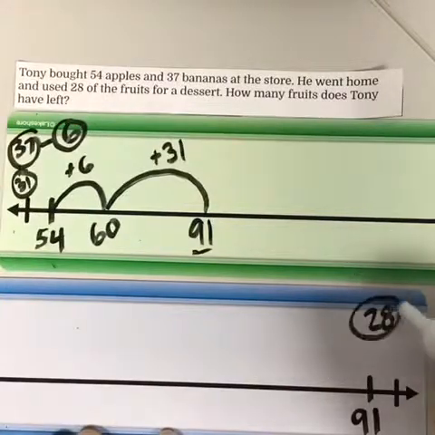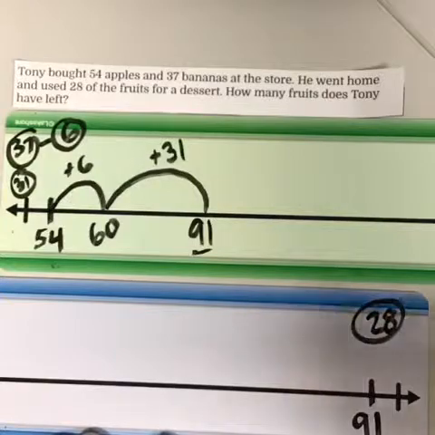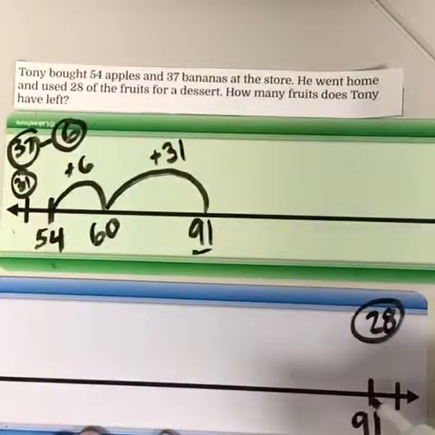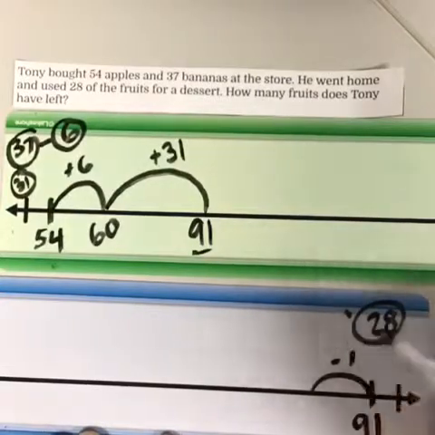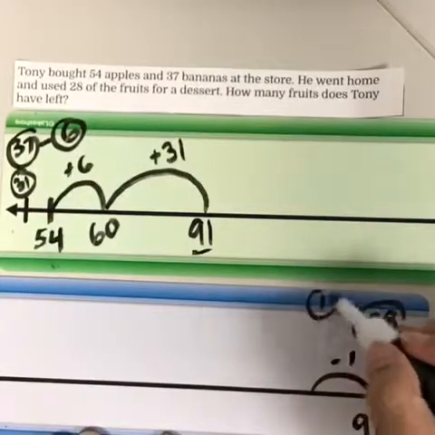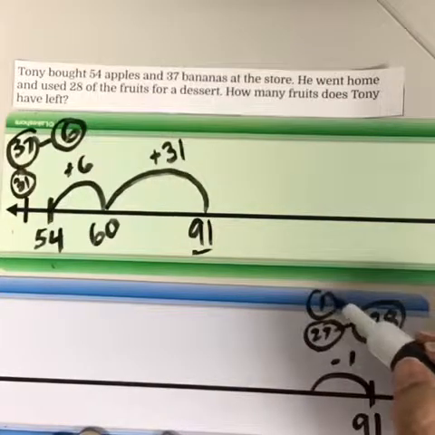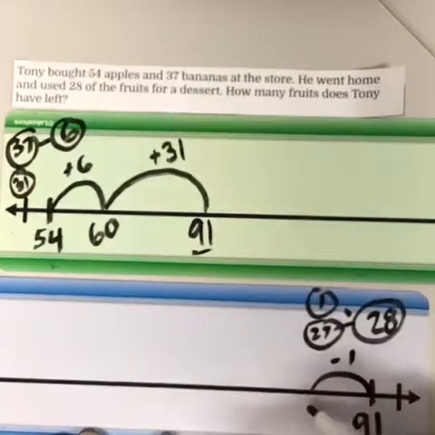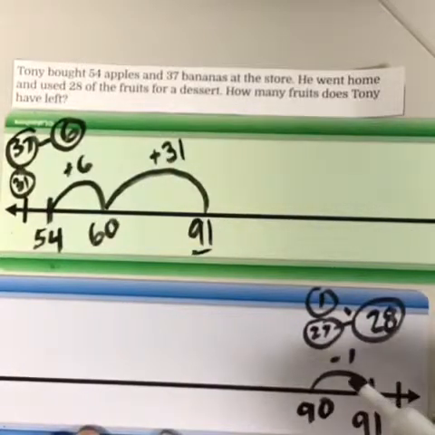Once again, it might be too challenging to just do one big jump of taking away 28. So what one learner might do is just take away 1 and kind of break that 28 into 1 and 27. So they've taken away this 1 to show that they're landing on 90. And they can see that there's still 27 more that they need to take away.